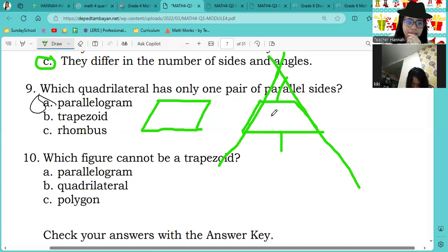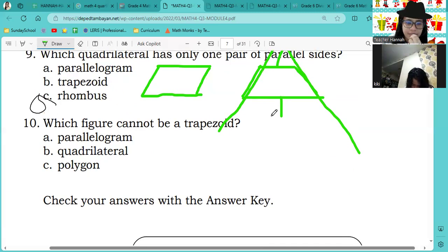Okay, number 10. Which figure cannot be a trapezoid? The answer is letter A. A trapezoid is a polygon.